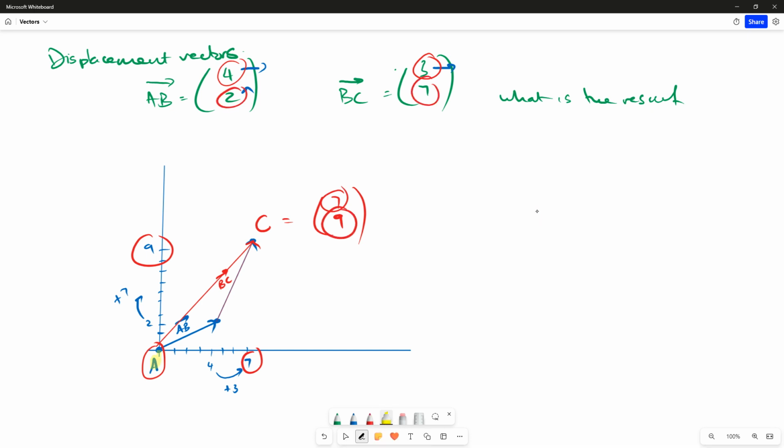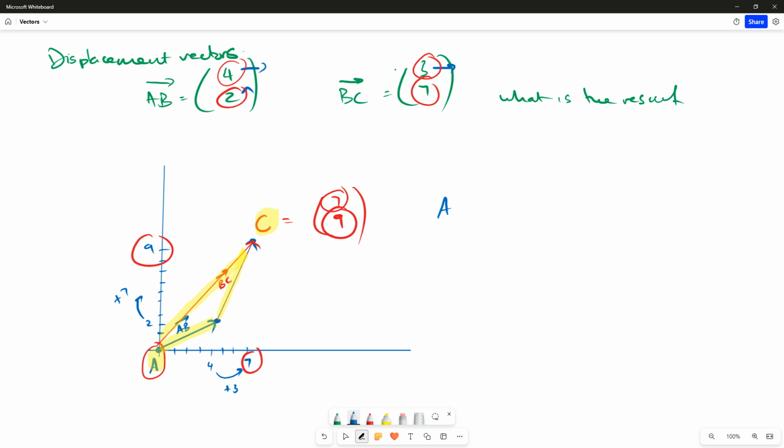So what do we have here? We have a point A, which got displaced to a point C. But we also have a vector AB and a vector BC and a vector AC. So we have points and we have vectors. And each vector has an x and y component. And we notice that the resultant vector is AC.